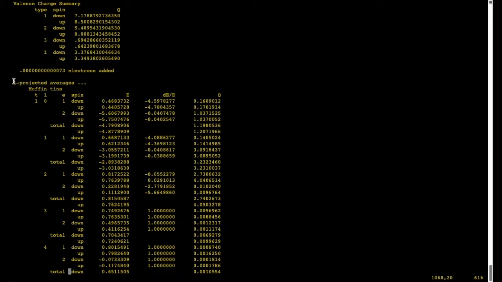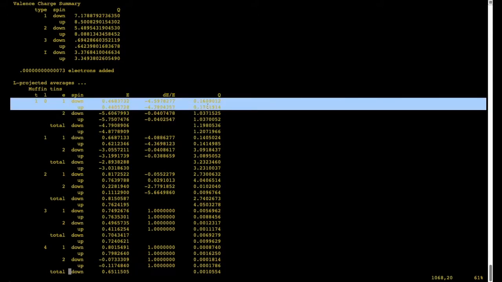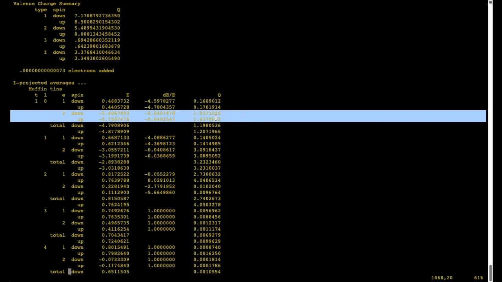And this is a very important table with calculated charges within the muffin tin. So we start with cobalt, type equal to 1, s states, energy sets 1 and 2. So these are 4s states of cobalt, and these are 3s states of cobalt.